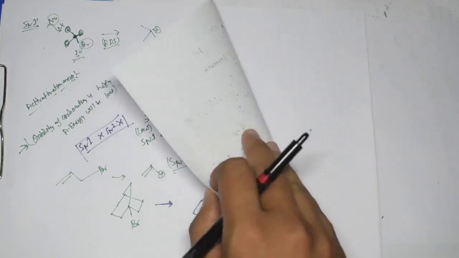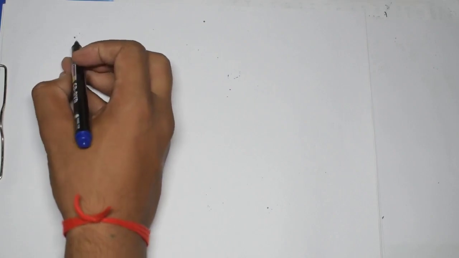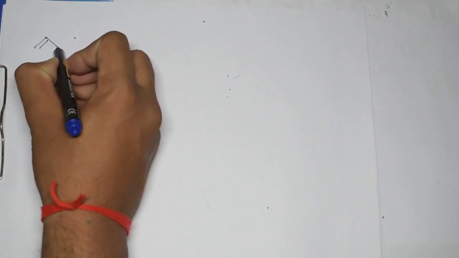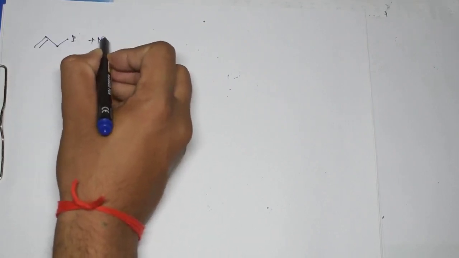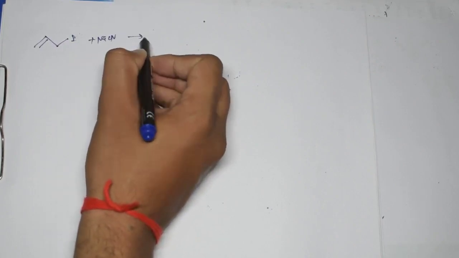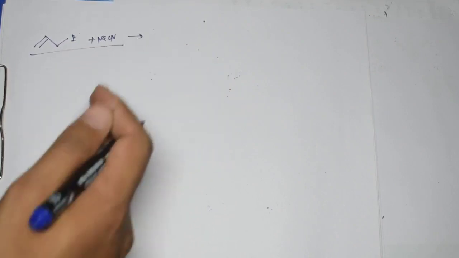SN1 and SN2. So if I say we have a compound something like this, and I ask whether it will go under an SN1 reaction or an SN2 reaction, what will be your answer?